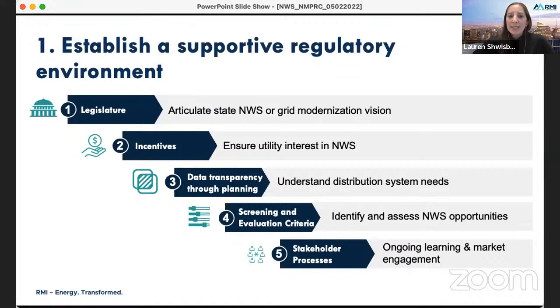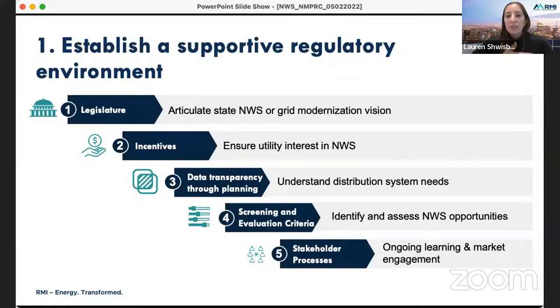So that's bucket number one here, is really setting the foundation for building something here. The next step is establishing incentives, which I'm going to detail on the next slide. There are a few other items related here below 3, 4, and 5 that are really critical enablers here. So the third bucket here is enabling data transparency and collecting the types of data that folks need to analyze the potential for non-wire solutions.